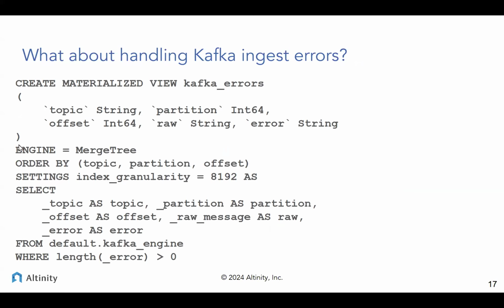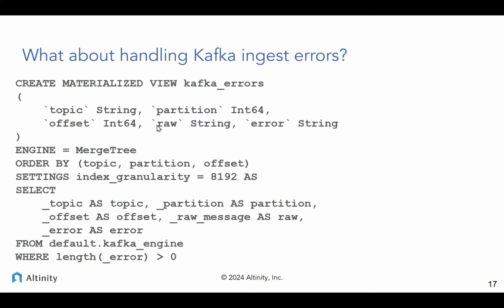And this is a nice example that comes out of the KB. You can create a materialized view that specifically looks for Kafka errors. What it's going to do is give the topic, the table, and the partition it read from, the offset, the actual thing that it read, and the error that it got.